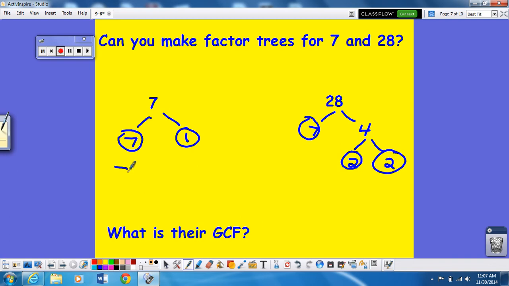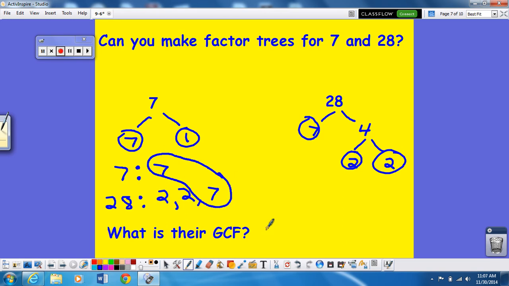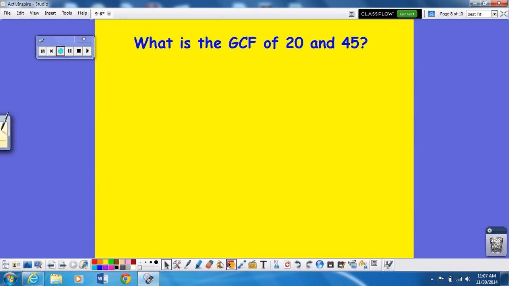Now let's write it out. 7, and I'm going to omit the 1. We're just going to do 7. And then 28 is 2, 2, 7. Remember, we put them in numerical order. Here is my common factor. So what is the GCF? It is 7.